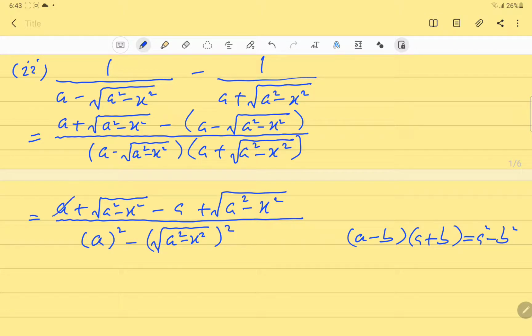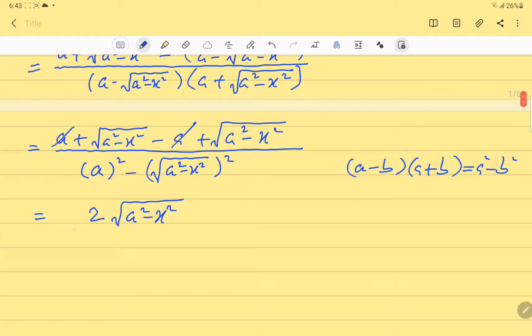In the numerator this a cancels with a, and we will be left with 2 into square root of a squared minus x squared, over a squared minus, square root will cancel with square, so we will be left with a squared minus x squared.